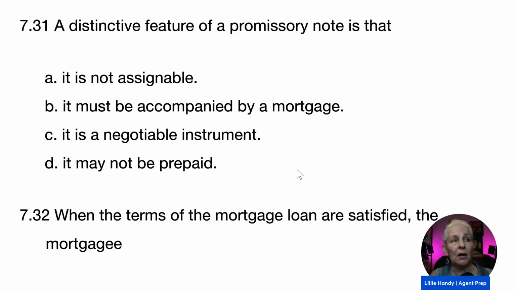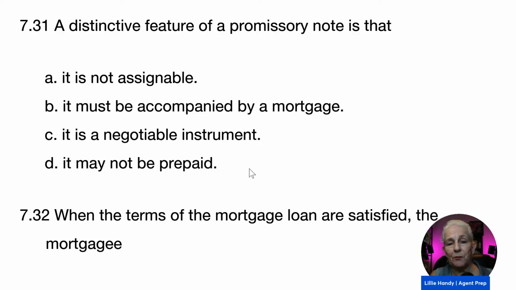You hear about notes being sold. That's a promissory note that is being sold, so it is assignable. Okay. So then the assignee would have the right to receive the borrower's periodic payments. So it is a negotiable instrument.